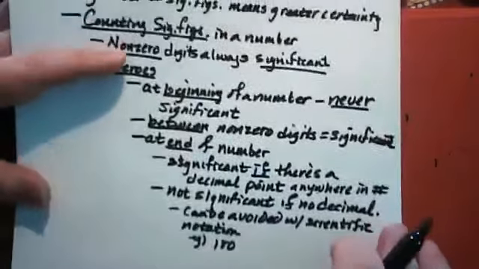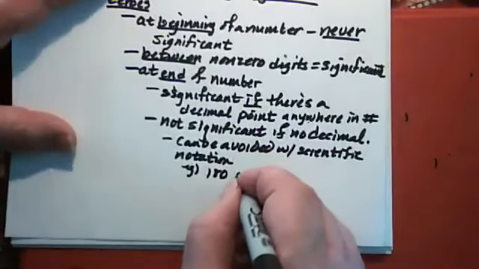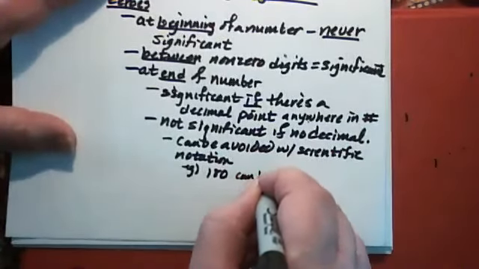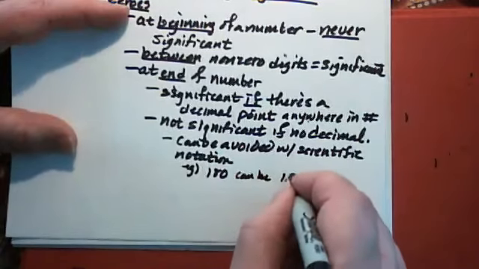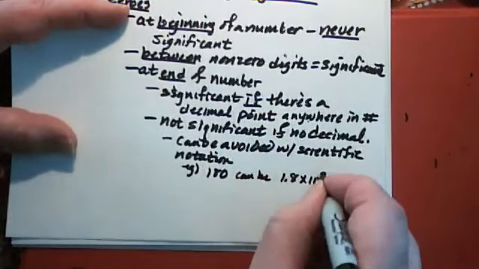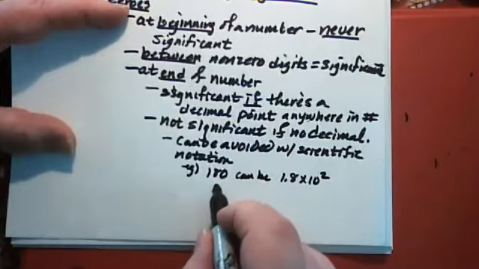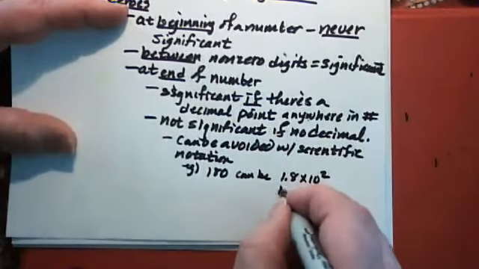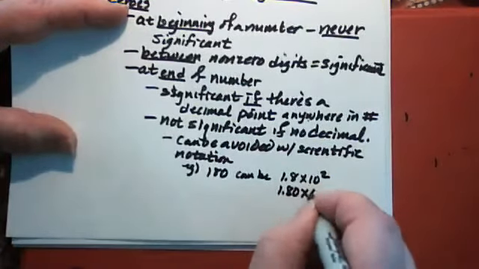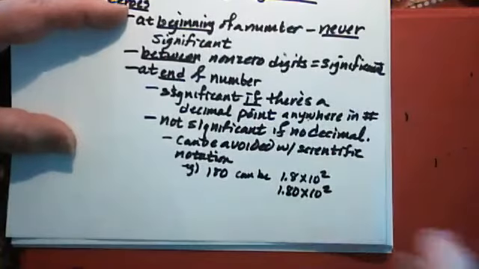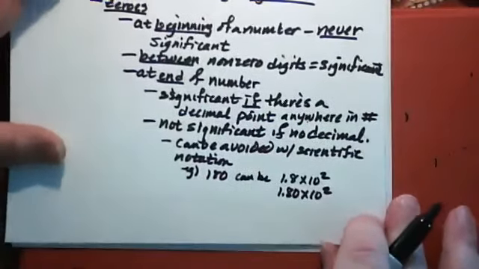So you could avoid ambiguity by writing either 1.8 times 10 to the second, which is 180 with two significant figures, or 1.80 times 10 to the second, which would be 180 with three significant figures. So you see, that way you can make it clear.